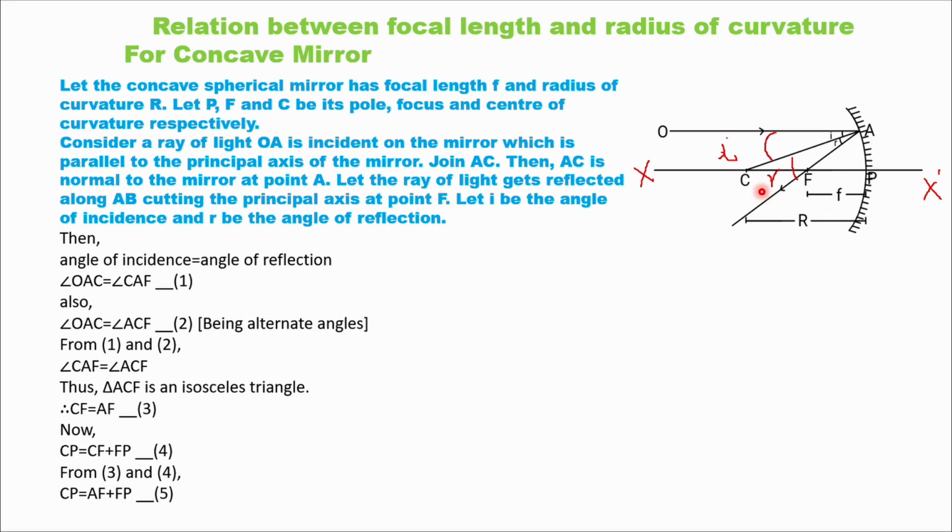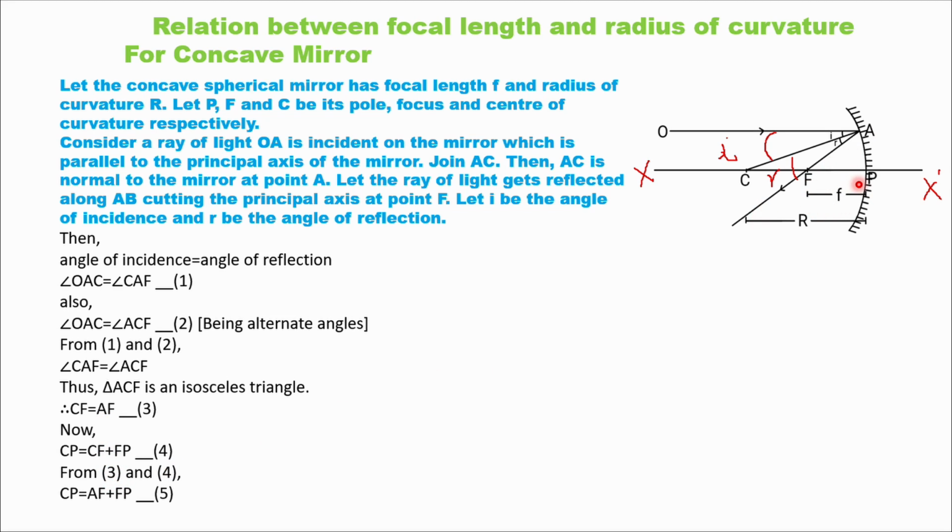CP is equal to R, which is CF plus FP. So from the diagram, CF will become AF because it is an isosceles triangle.